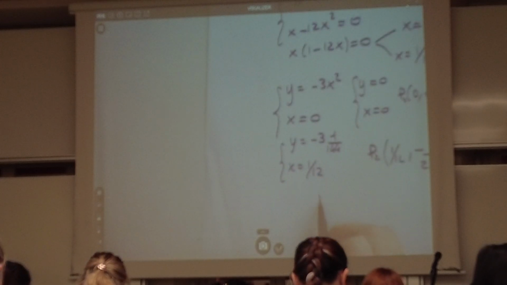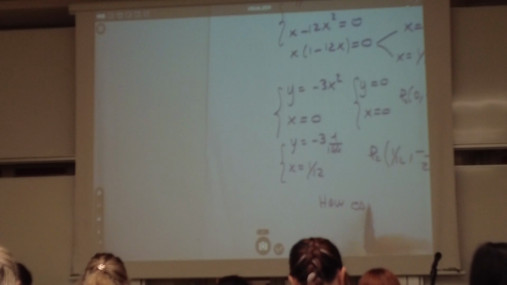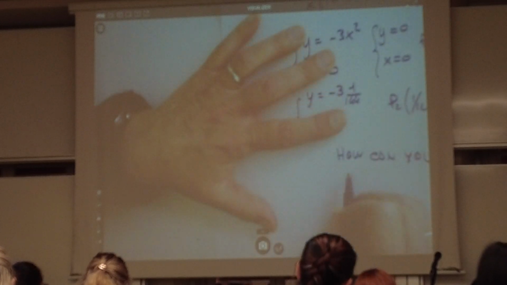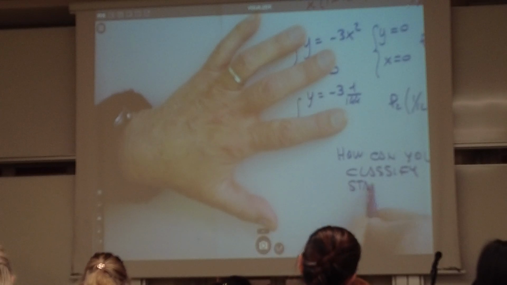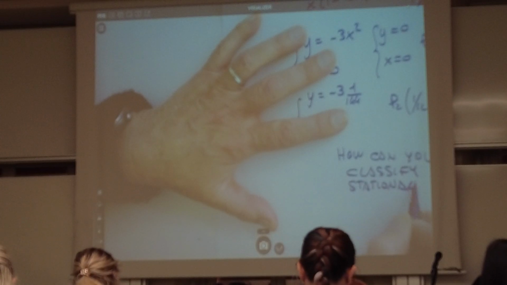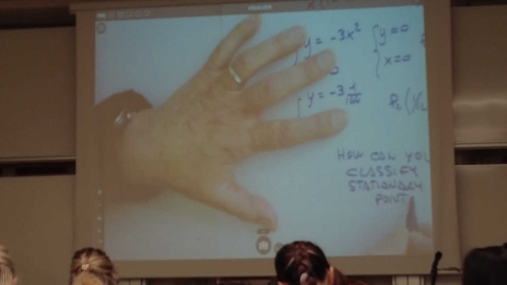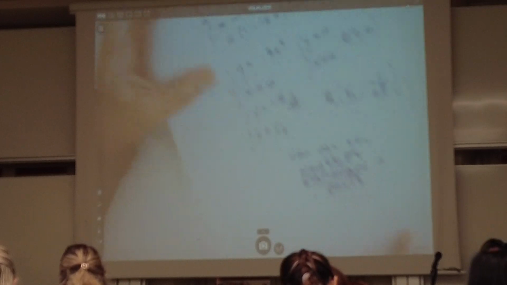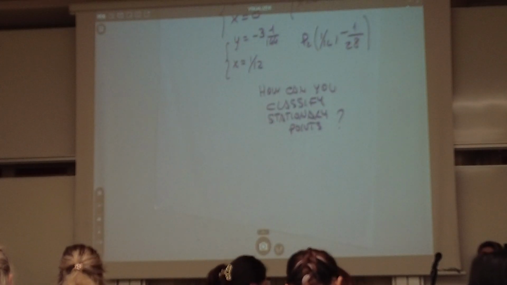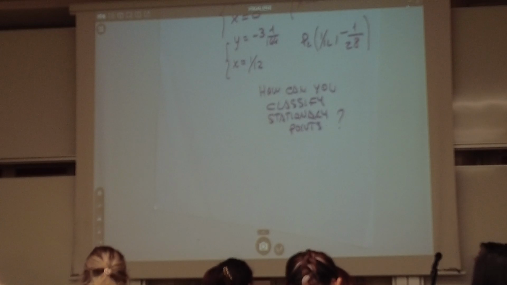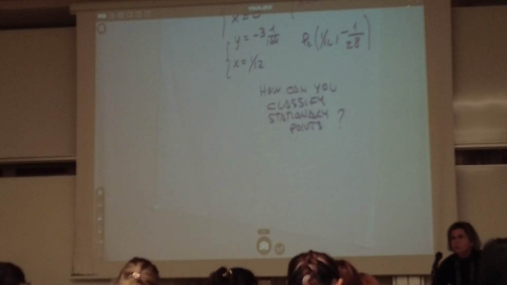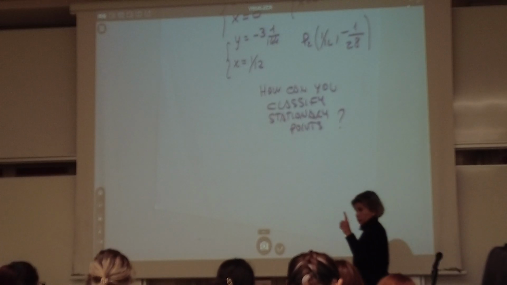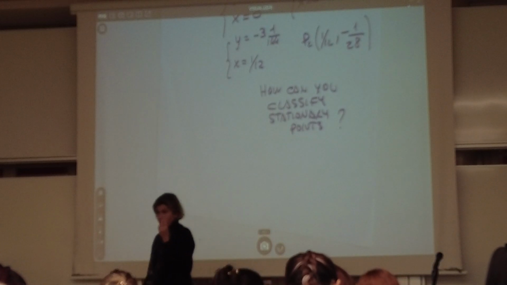But how can you classify stationary points? Now it comes, before the break, the idea is the following. Remember in one variable, you have 2 possibilities, okay?